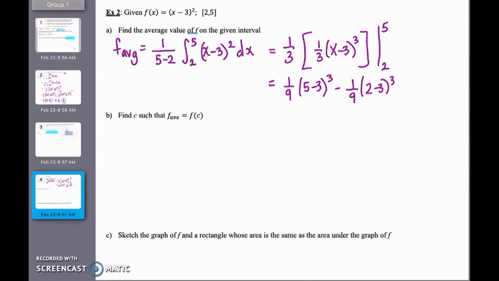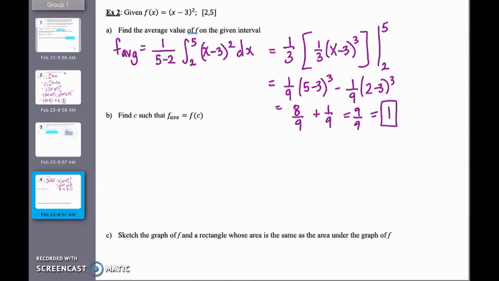And 8 times 1/9 is 8/9. 2 minus 3 is -1. -1 cubed is -1. -1 times 1/9 is -1/9, and subtracting that makes +1/9. 8/9 plus 1/9 is 9/9, which is 1. All right, so that tells me that the average value of f on this given interval is 1.